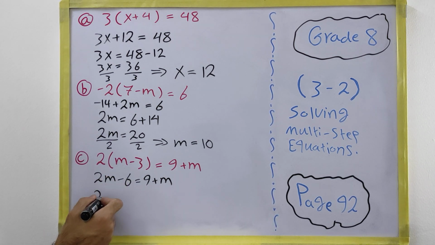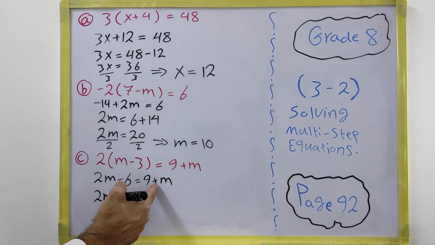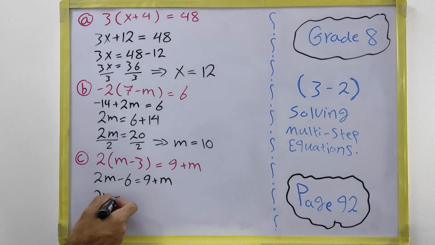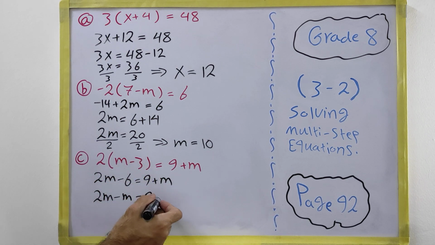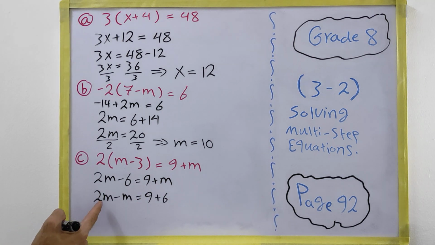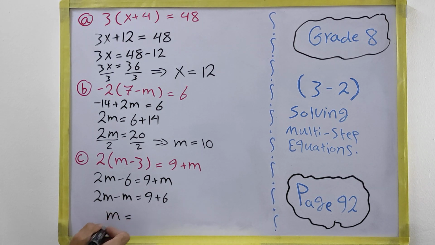With 2m in its place, positive m to this side becomes minus m, and after the equal we have 9, and negative 6 to the other side becomes plus 6. It would be 2 minus 1, which is 1m, equals 9 plus 6, which is 15. That's how we solve when we have a number multiplied by a bracket.